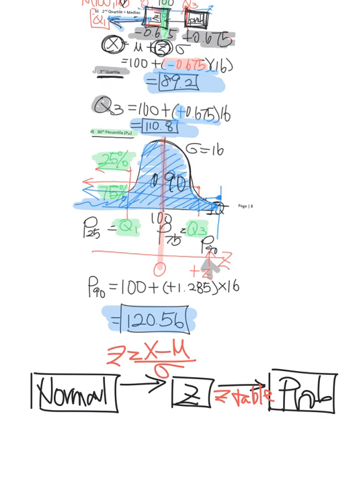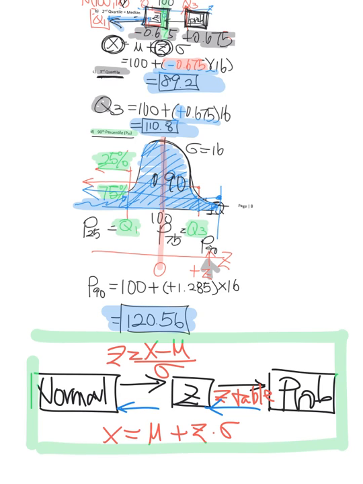Even in the reverse way, we can take the z-score from a probability, and we can find any score from any normal distribution using the formula x equals mu plus the z-score times sigma. So please remember this map. We can take anything.